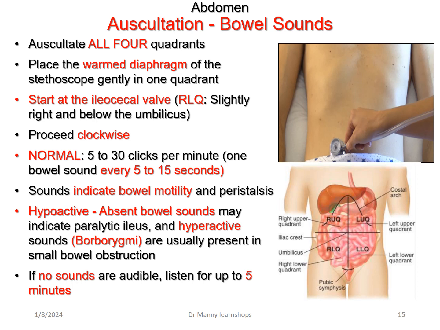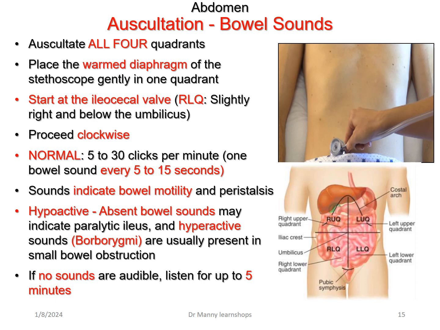Normally you'll hear 5 to 30 clicks per minute, one bowel sound every 5 to 15 seconds, in an irregular pattern. And these sounds indicate bowel motility and peristalsis.